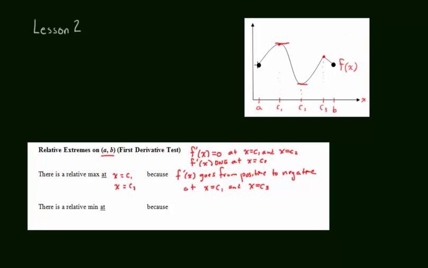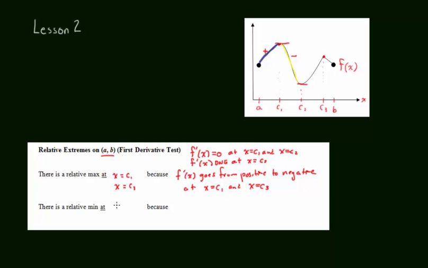So that, together with the fact that the derivative goes from positive to negative. See, we have increasing nature here, so the derivative is positive, and then we switch to negative, it starts to decrease. So we had positive slope here and then negative slope, and the derivative went from positive to negative, making it a max. The same occurred at the other point.